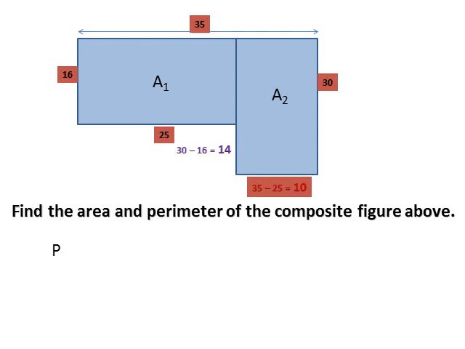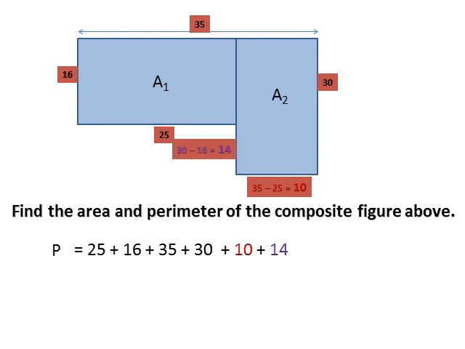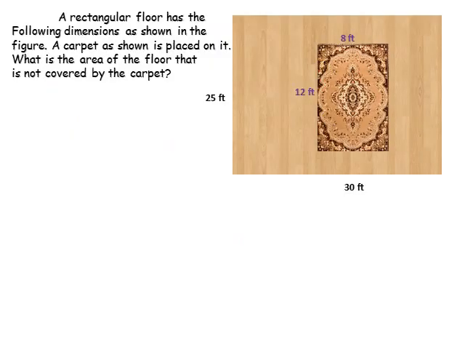How do you get 14? That is 30 minus 16. You may need some help from your parents to point to that place there and see how I got 14. So we add all those numbers, and so we get the perimeter. That is the length of all the sides combined.